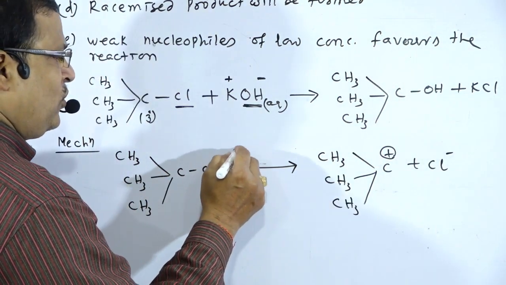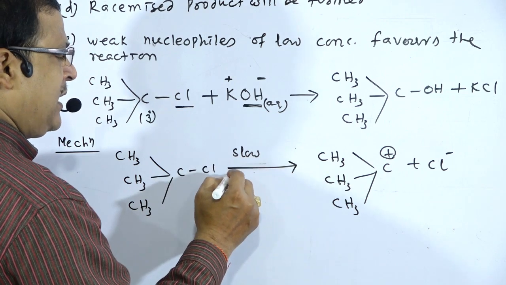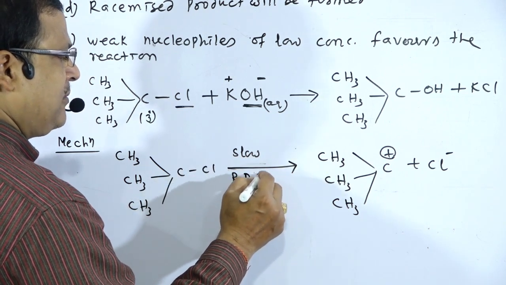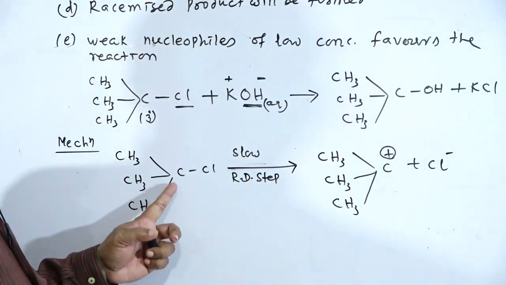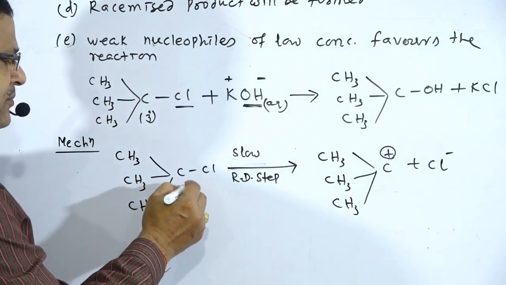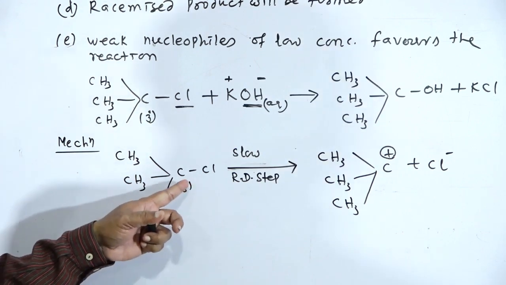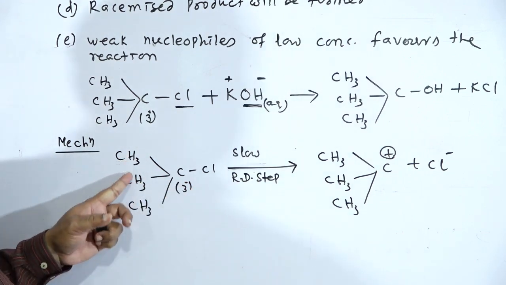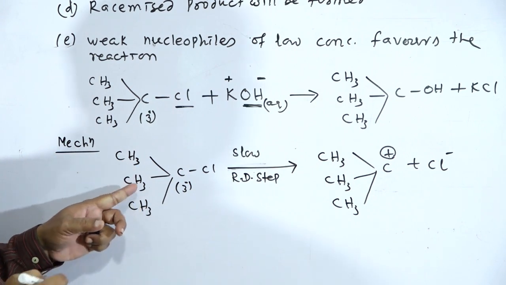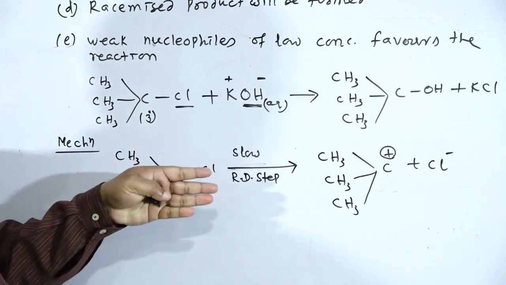This is the slow and rate determining step. This is the tertiary alkyl halide. These are the examples of the 3 plus I groups, CH3, CH3, CH3. These are the plus I groups. They will push the electron towards the carbon atom.